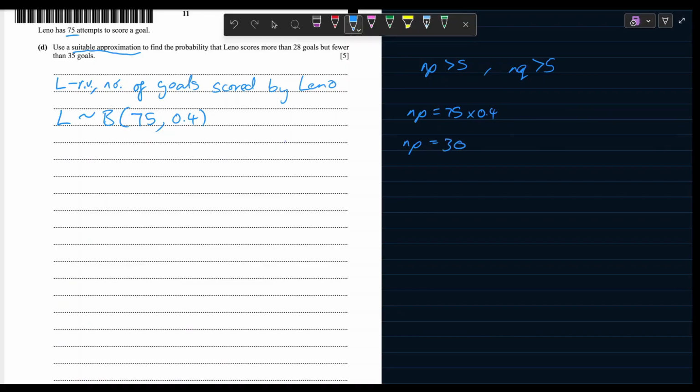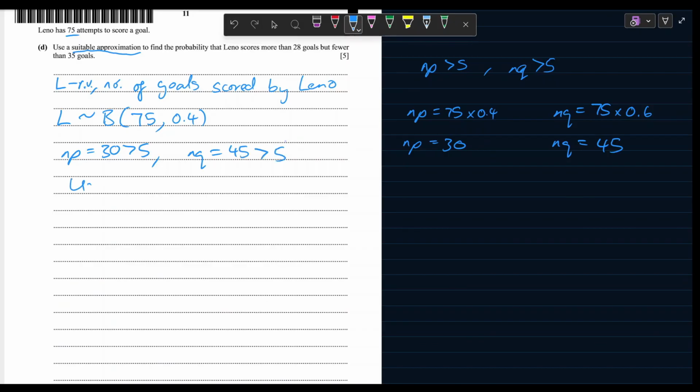So np is equal to 30, which is greater than 5. And we can check nq as well. nq would be 75 times 0.6, which is 45. So nq is equal to 45, which is greater than 5 as well.